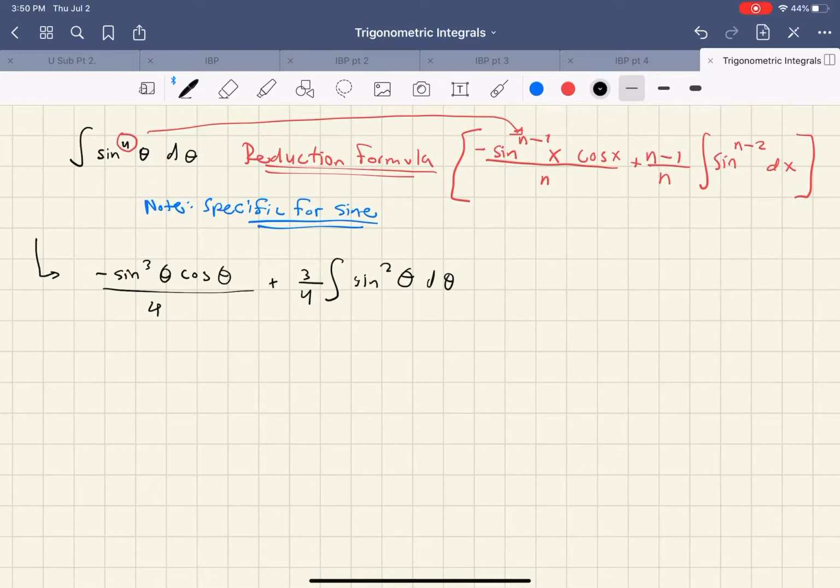This is the nice thing about using the reduction formula: all that we have to solve for now is just this part right here, the sine squared theta. That's the usefulness of this kind of formula. It breaks down trig functions with high powers into something simpler. And this is where our trig identities are going to come in handy.